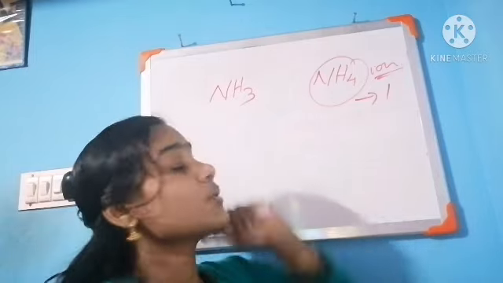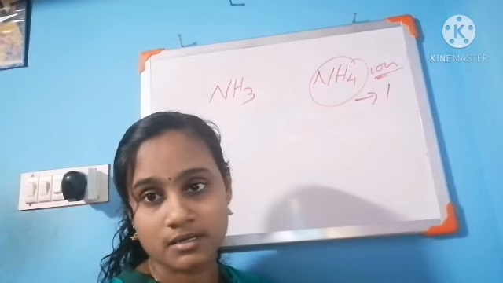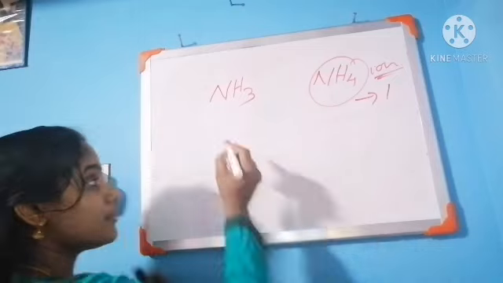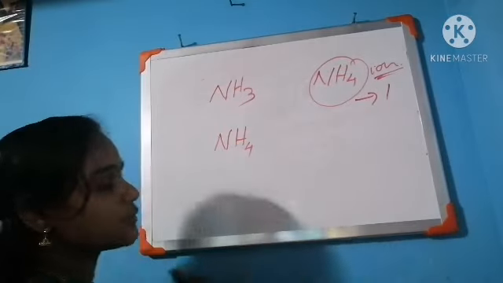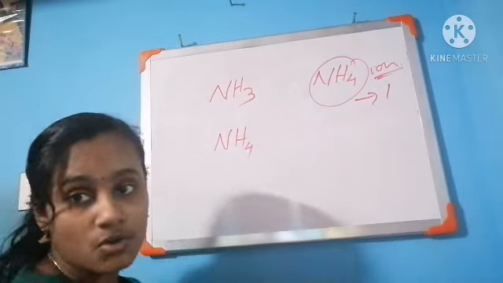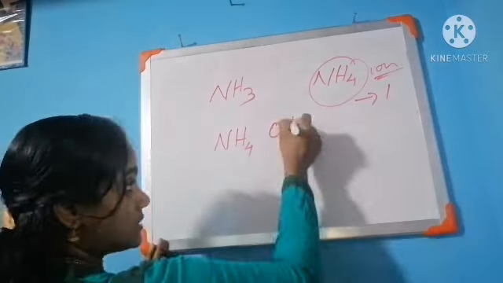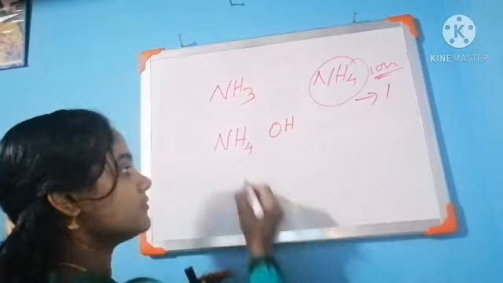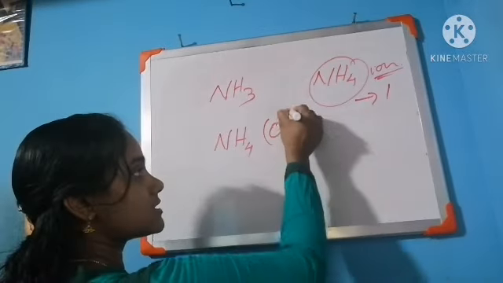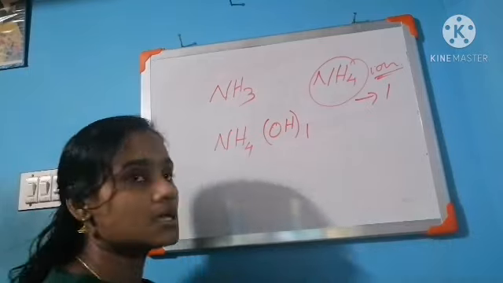So how to write the formula of ammonium hydroxide? Ammonium NH4, hydroxide OH. Ammonium valency 1, we should write it under the subscript of OH.